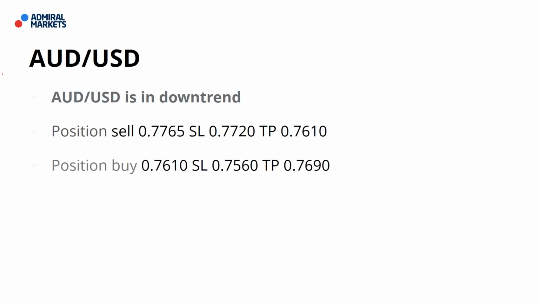Also, it's important to say that when it's Monday and we talk about Monday, you always need to pay attention to the calendar, guys. Paying attention to the calendar is important because if you trade the Australian dollar during the Tokyo session, usually there is some news in Australia.